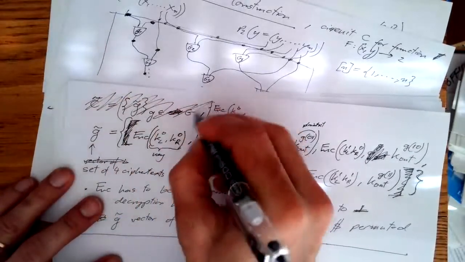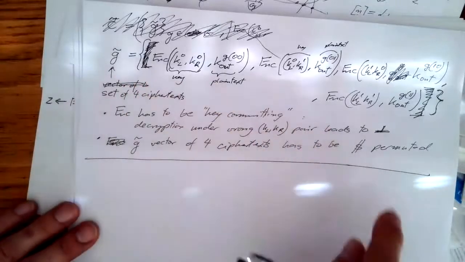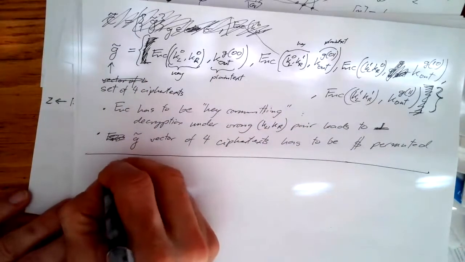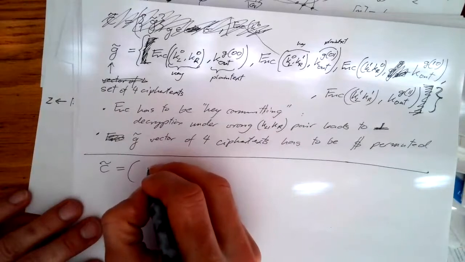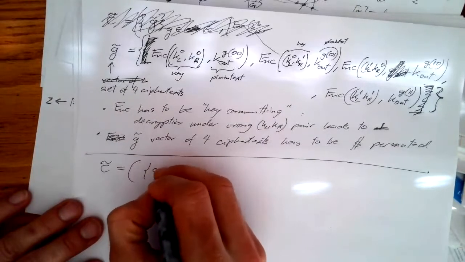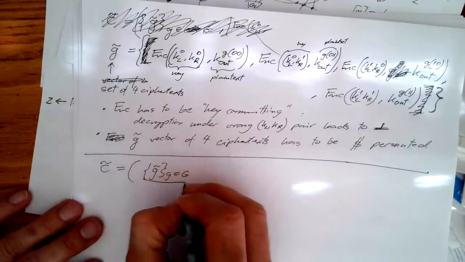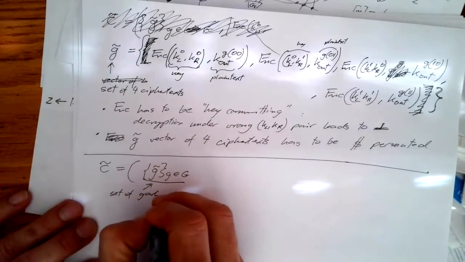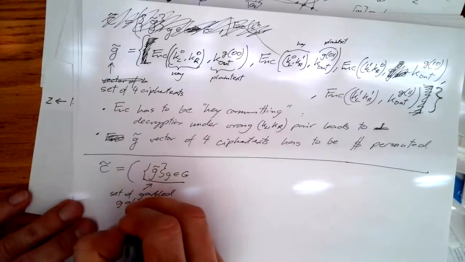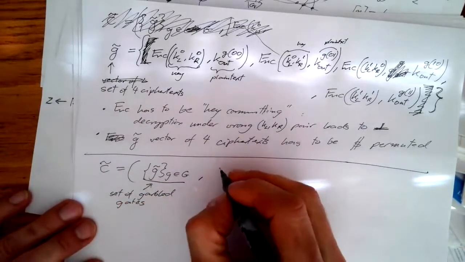You know what? Let me just do this here. So this is the garbled gate. Now the garbled circuit is a set of garbled gates, and a lookup table set.